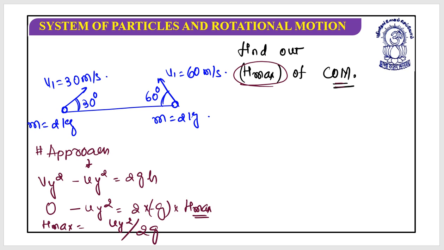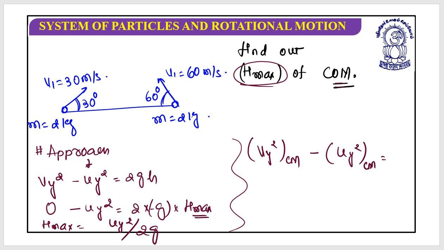So if I am supposed to do this for the center of mass, it's vy square for center of mass minus uy square for center of mass is equal to 2 g h. Look at this, g is here, g is here. When both the particles have an acceleration in the same direction, it would be g only.